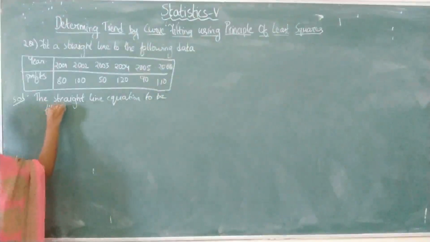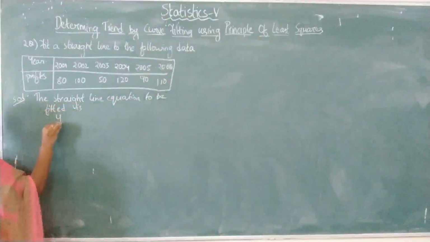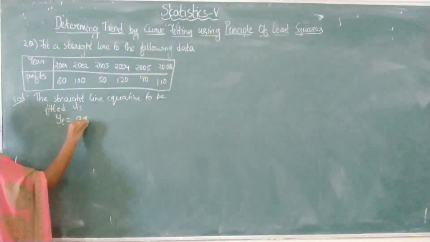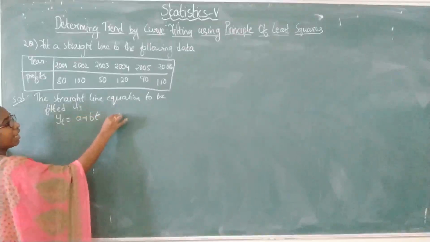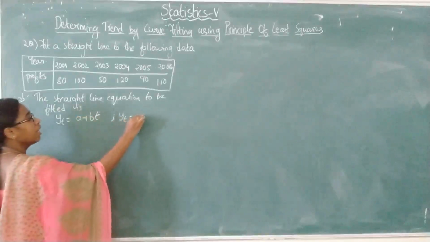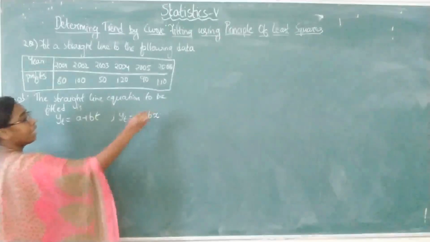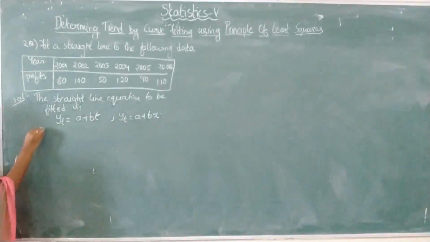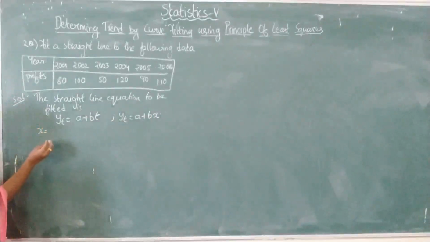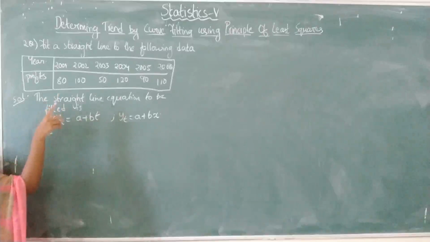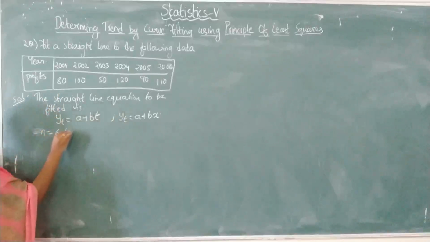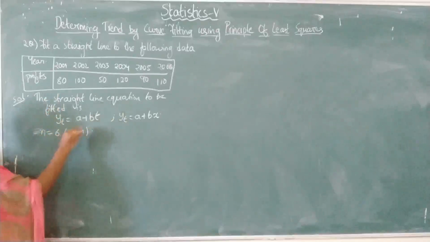So what is the straight line equation? Yt equals a plus b t. We write this as yt equals a plus bx, where x equals t minus a value. Here, how many values do we have? n equals 6, which is an even value.